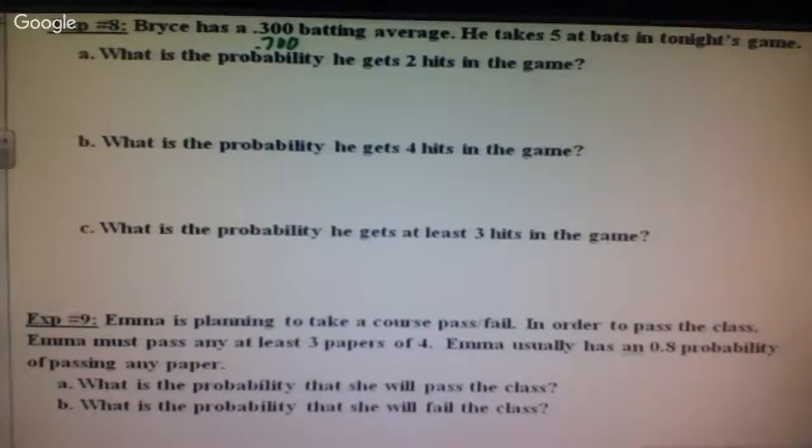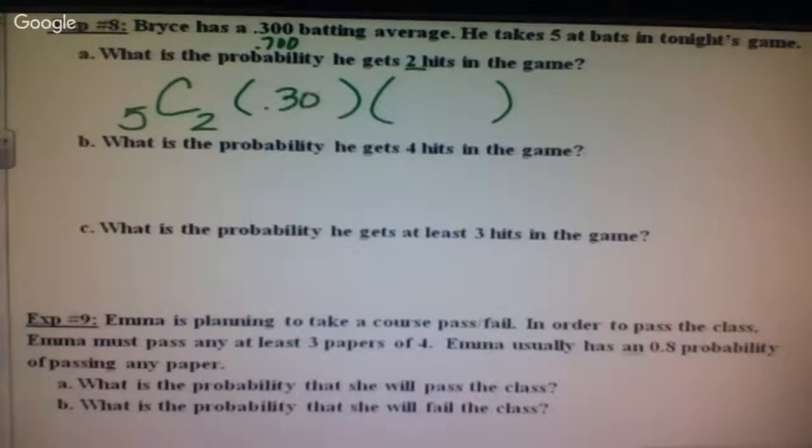Okay, the 5 comes into play: he's taking 5 swings every night. So the 5 goes in front of the C. So 5C, and I want 2 hits. So 5C2. So then I need the probability of him hitting it and then the probability of him not hitting it. So 0.300 and 0.700.